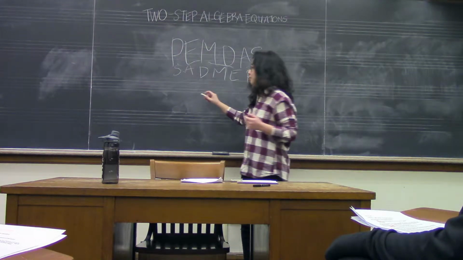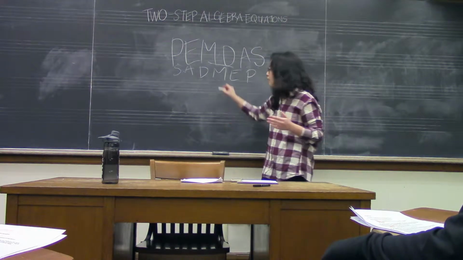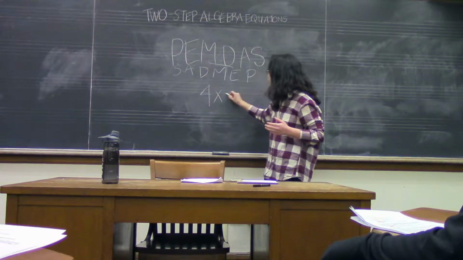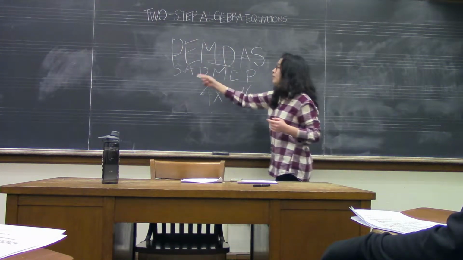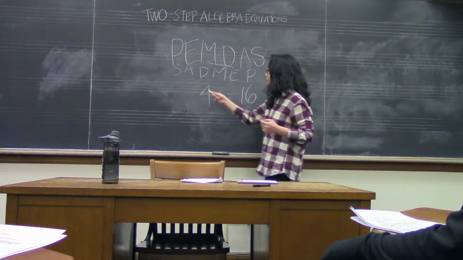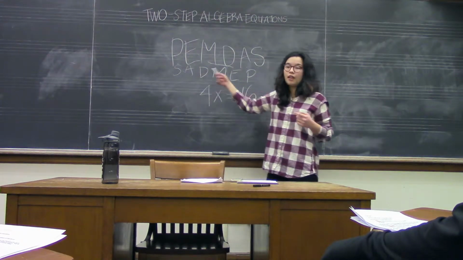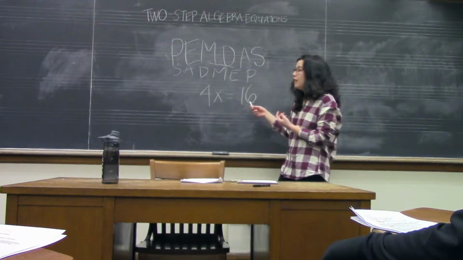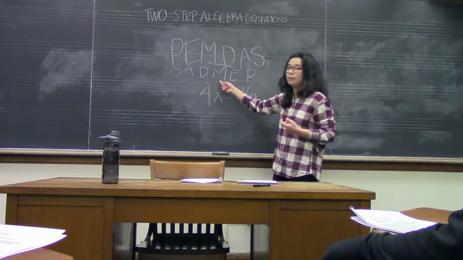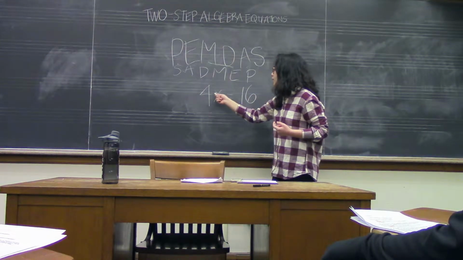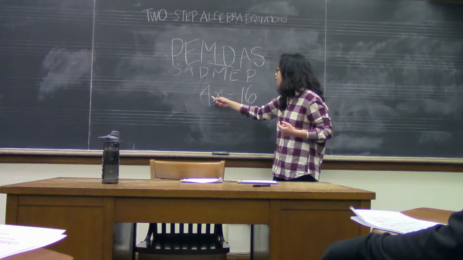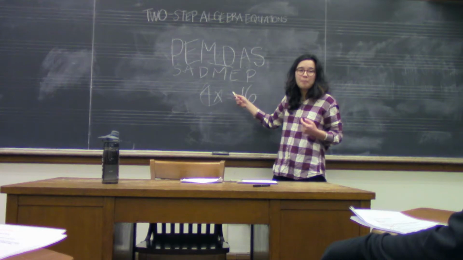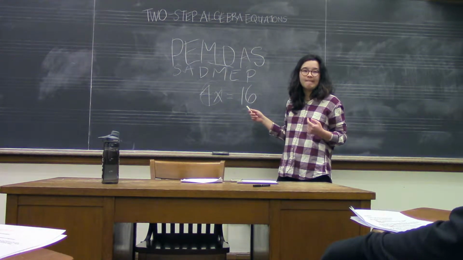Here's a one-step algebra equation before we get into two-step ones: 4x equals 16. Using this backwards PEMDAS, we do subtraction and addition first, but we don't have any of that here, so we move on to division and multiplication. We have multiplication here, but how do we get rid of the 4 in front of the x?